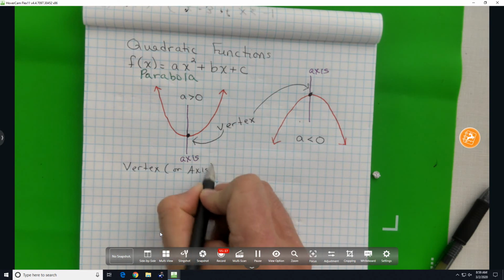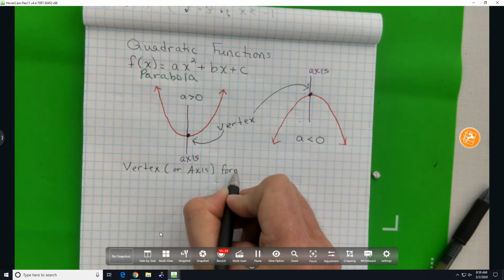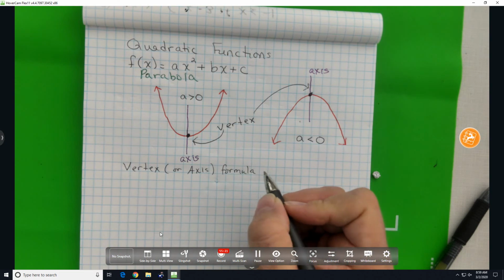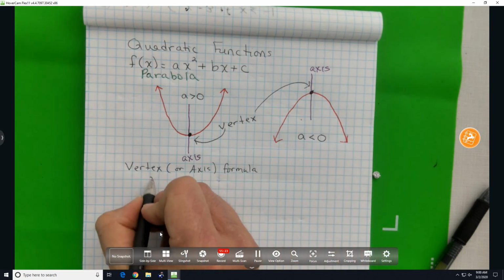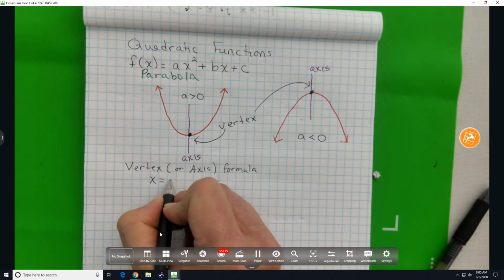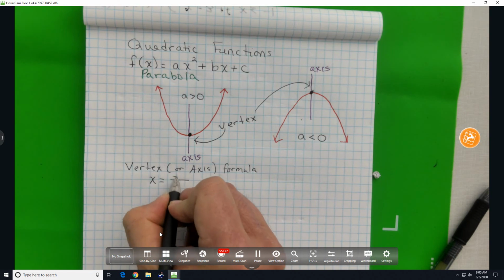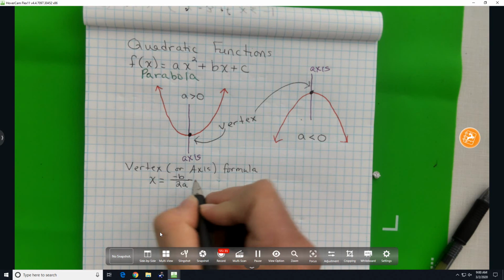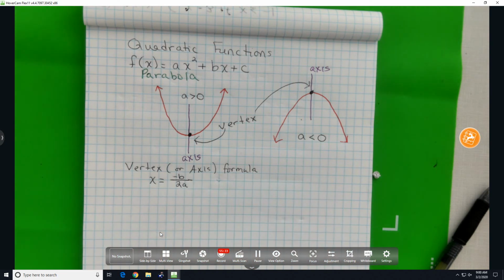But there's another way of finding the vertex, and it's called the axis formula. x equals negative b over 2a. It is another formula you have to remember. But you've already memorized the quadratic formula. I'll tell you the easy way to remember it. The quadratic formula, x equals negative b plus or minus square root blah blah blah, all over 2a.